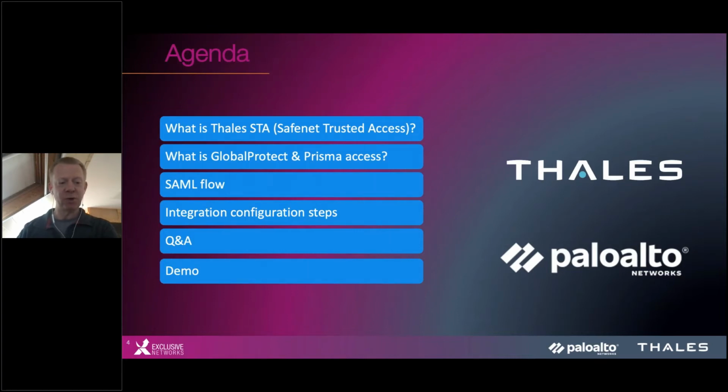SAML is the protocol we're going to use to authenticate, but it's important to understand what is happening behind the scenes. And then we're going to deep dive into the integration of those both solutions. So I'll do this with screenshots, but after that, we're going to dive into the demo, okay? But first of all, I'll open the session for questions before we go into the demo.